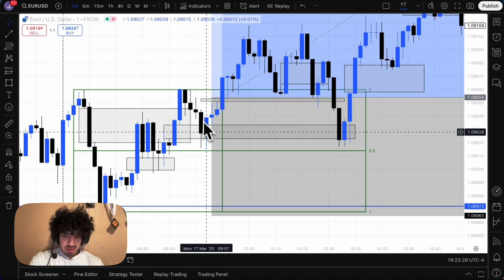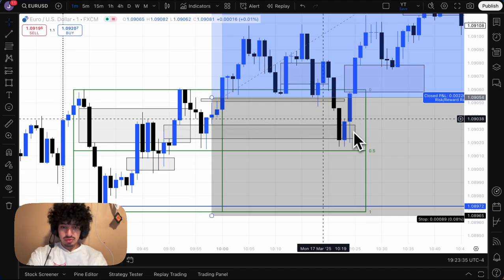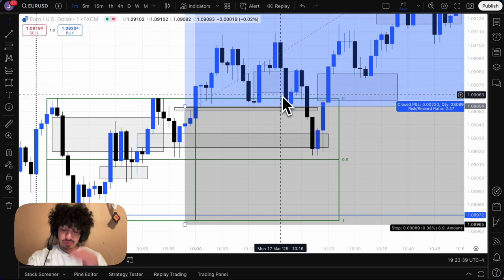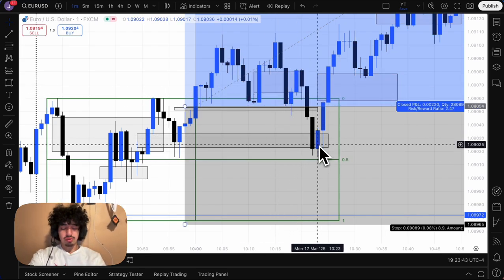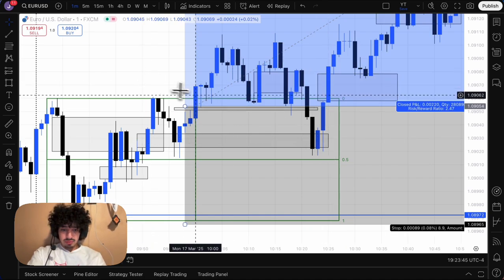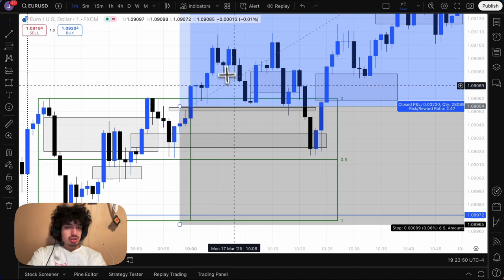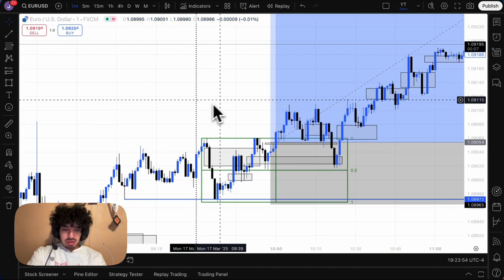Because it retested this imbalance and respected it well too. That was just another confluence, because for a second it was like, okay, let's head back down, but nah, the bullish order flow was too good right here. Honestly, maybe it would have been around the same. After that, we were really already in the trade at this point.